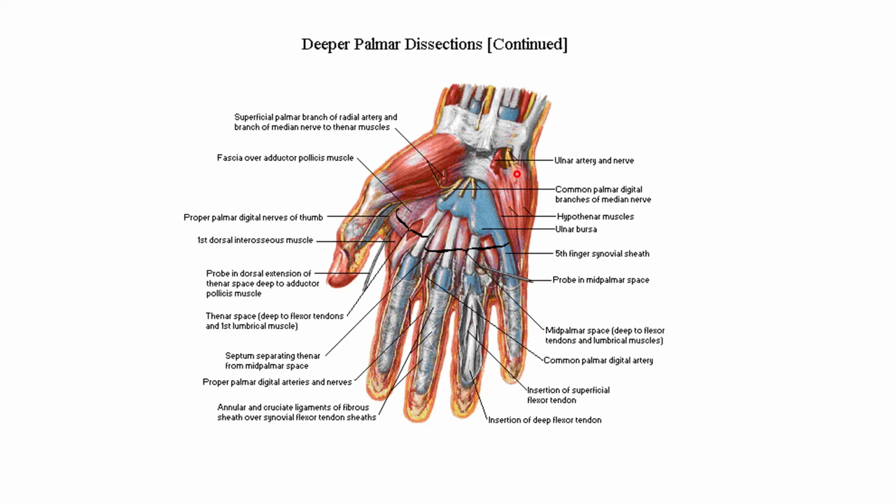Regarding the actions of all these muscles, the thenar muscles, as the name itself says, the abductor pollicis brevis is involved in the abduction of the thumb. The flexor pollicis brevis brings about flexion of the thumb. Opponens pollicis is mainly involved in the opposition of the thumb. The adductor pollicis brings about adduction of the thumb.